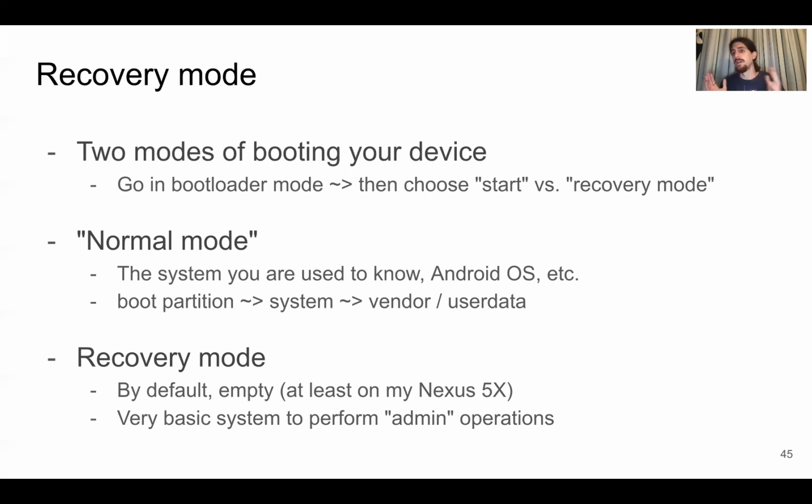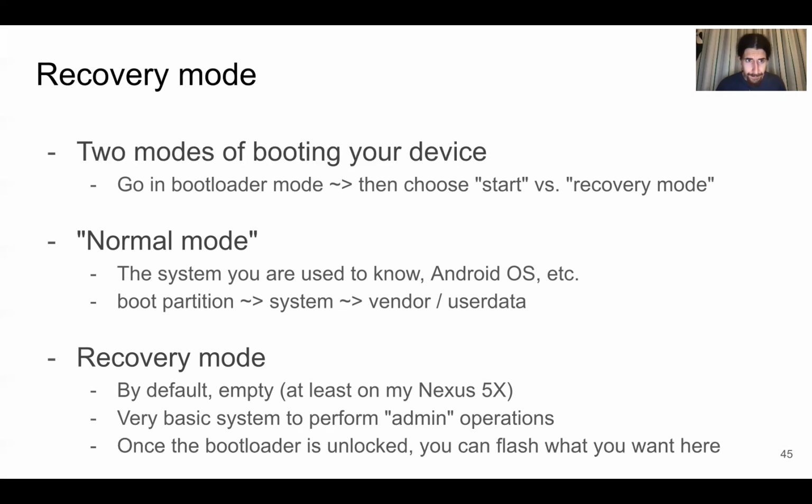Recovery mode starts with the recovery partition. Depending on what you put in the recovery partition, you're going to have something interesting or not. To do this, you need to have the bootloader unlocked. If the bootloader is locked, you cannot flash anything there.